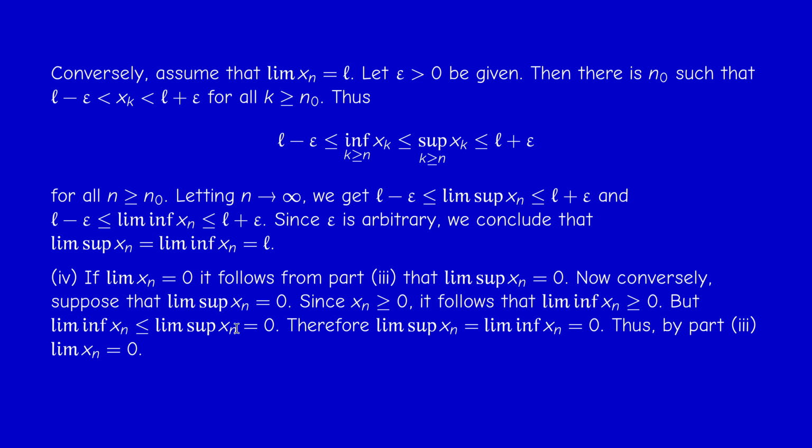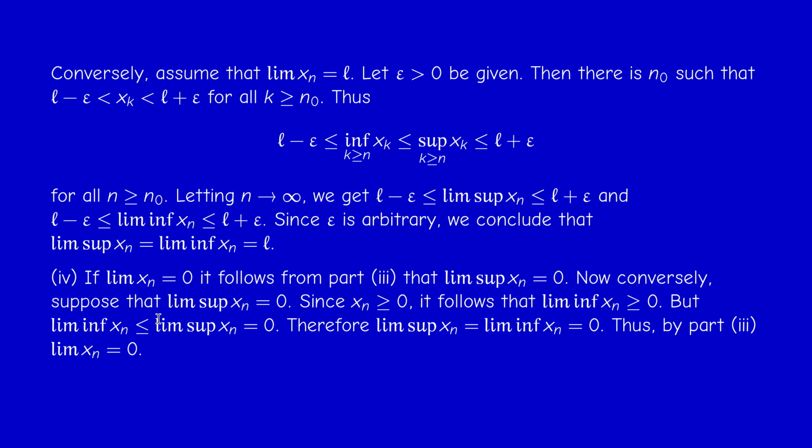So this is a useful result in analysis because sometimes we don't know if the sequence has a limit, but it always has a limsup. So if the limsup is 0, then actually the limit exists and is 0.